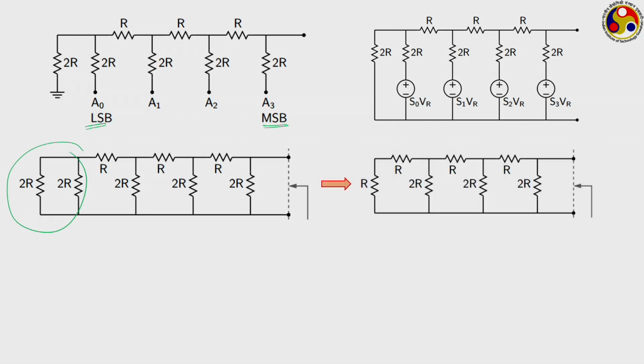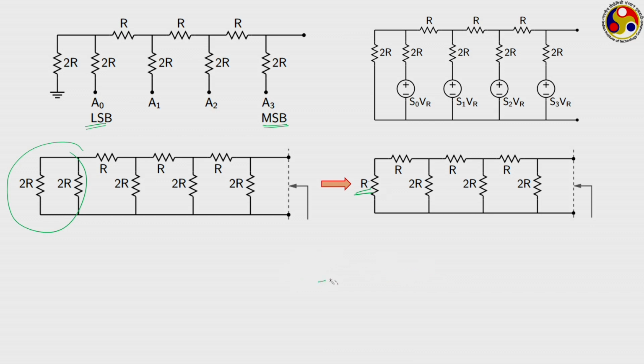The equivalent resistor will be R only, because the equivalent of these 2R resistors will be 2R into 2R divided by 2R plus 2R. So, that leaves you 2R divided by 2, that is equal to R. So, this is the R that we are getting, and this is following Thevenin's theorem.